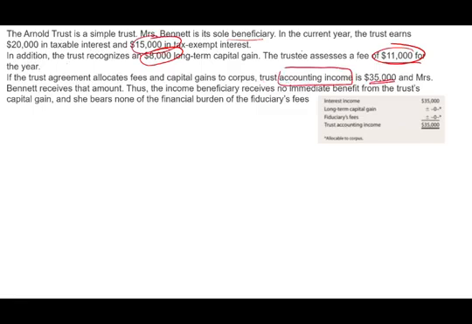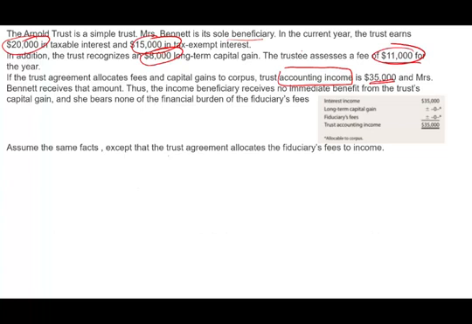It's the $15,000 of tax exempt and the $20,000 taxable amount. The income beneficiary receives no immediate benefit from the capital gain. Miss Bennett is not receiving the capital gain, therefore she should not bear any of its financial burden. If the corpus is getting the capital gain, the corpus will pay taxes on it, and any fees get deducted from the corpus. That's what the individual wanted.